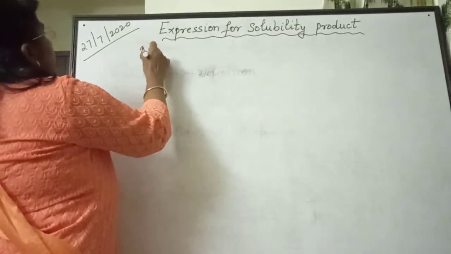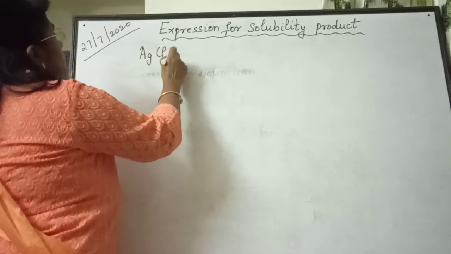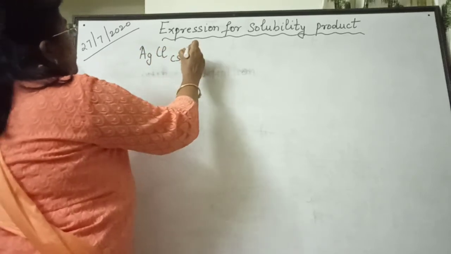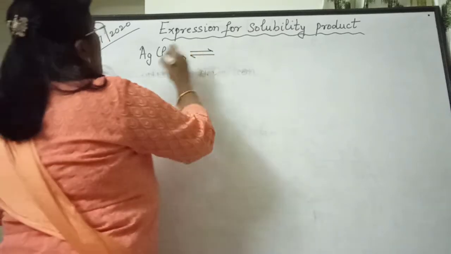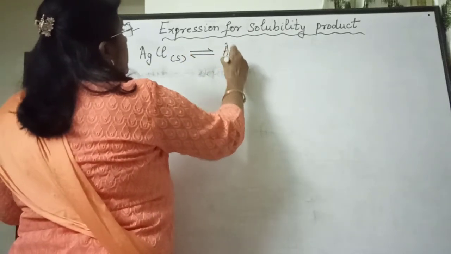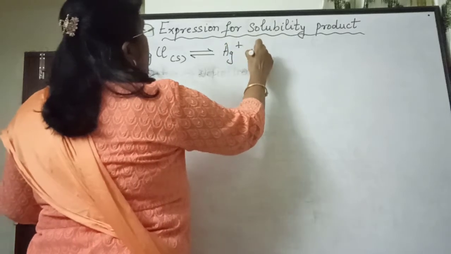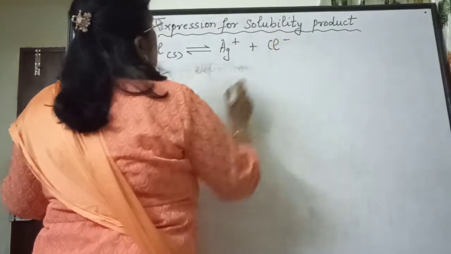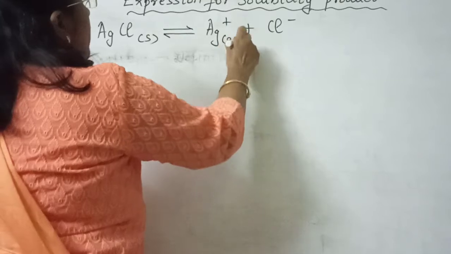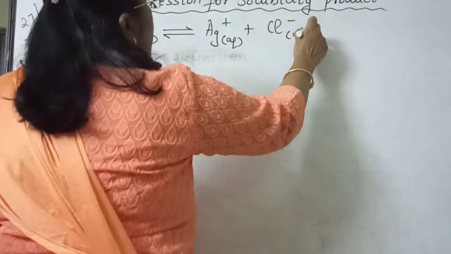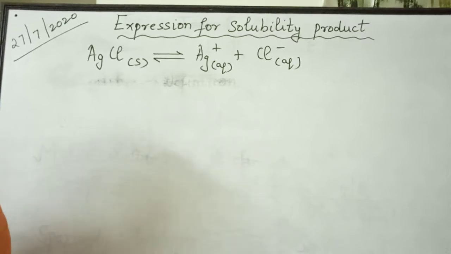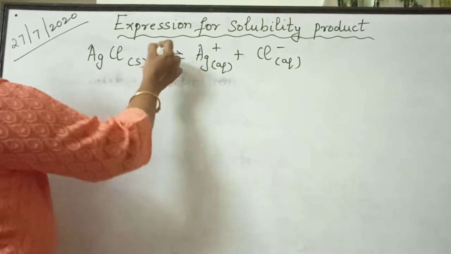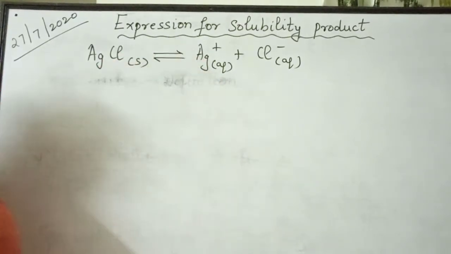So if I take AgCl saturated solution, part of this salt will ionize to produce two ions, Ag plus and Cl minus. Now here I am showing the sign of equilibrium.